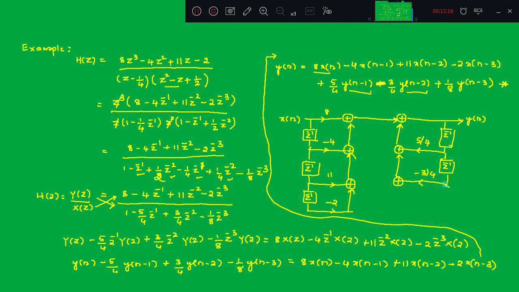Next, y of n minus 3 is there, so I have to take one more delay element, z raised to minus 1, and here it is scaled by 1 by 8. So this is the direct form 1 realization of digital IIR filter, right?